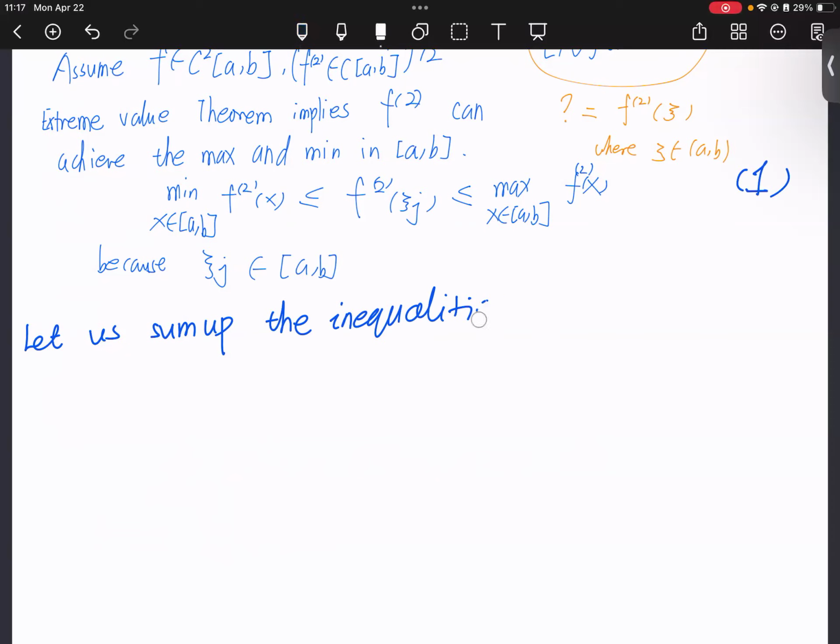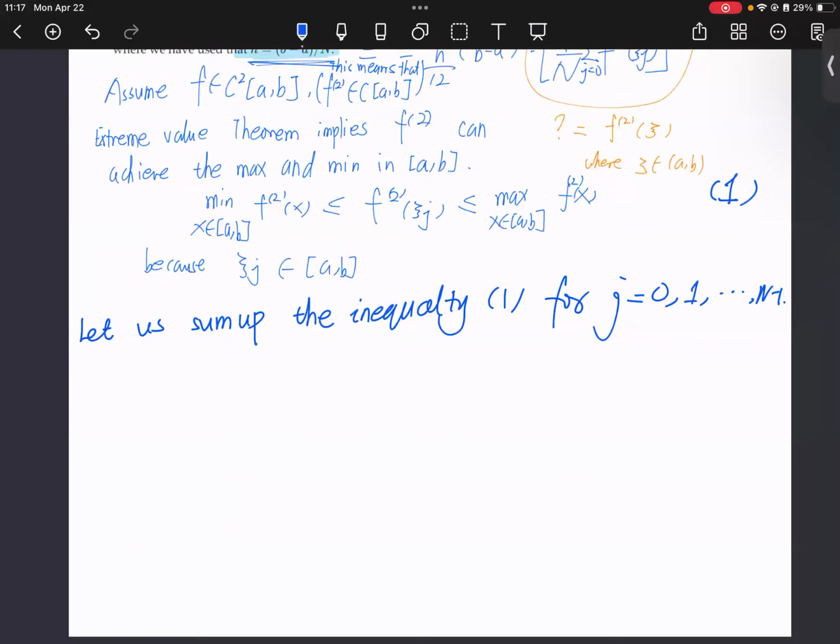Let us sum up inequality 1 for j equal to 0, 1, up to n minus 1, and we get this.